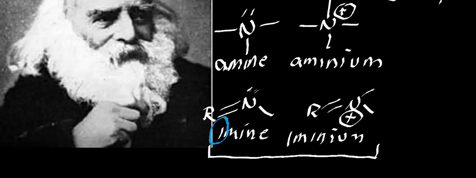He's the one that started the whole movement on Schiff base chemistry. So for that reason, we call the imine a Schiff base. The reason it's called a base is because the nitrogen there can act as a Lewis base, whether it's abstracting a proton or acting as a nucleophile. So we call it a Schiff base.